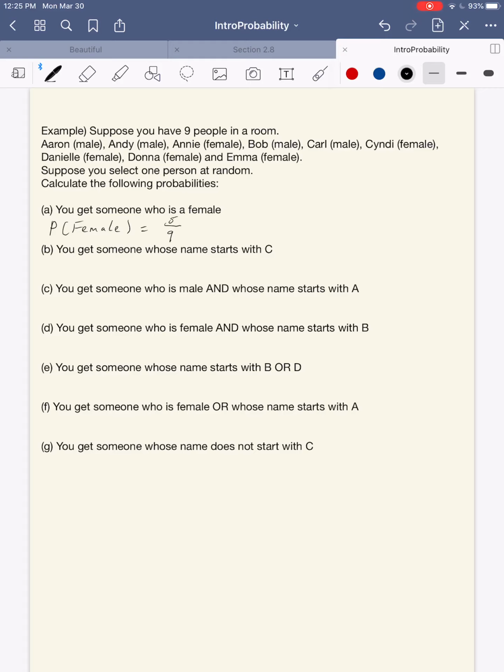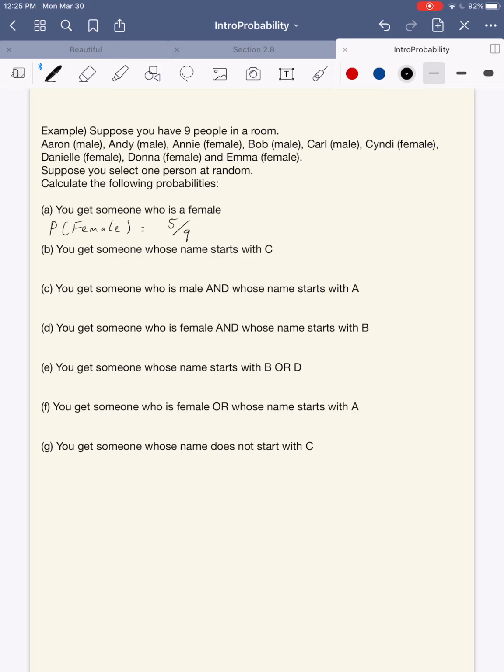So we have 5 out of 9. So our answer here, sorry if that's a little messy, and sorry about the dog in the background there. That would be 5 out of 9. So the probability that we would choose somebody at random from this room and they would be female is 5 out of 9. All right, let's try the next one. Notice we didn't need any probability rules there, right? That was just directly easy to calculate and count.